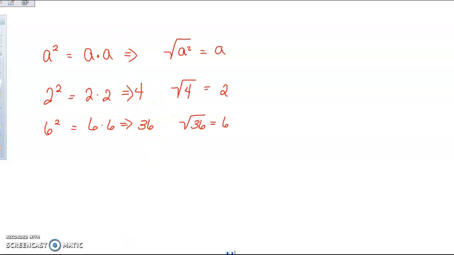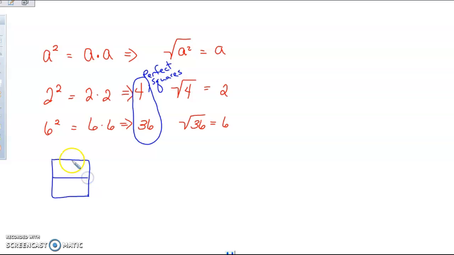So let's identify these. These two are perfect squares. The reason they're perfect squares is a 2 by 2 means that to create a square, I have 2 rows of 2.